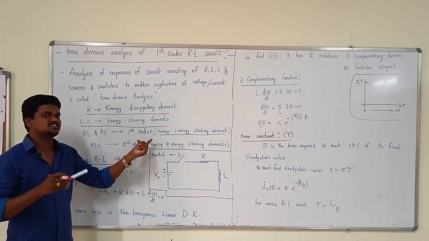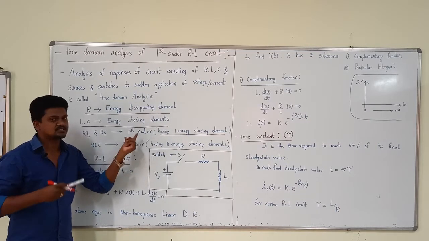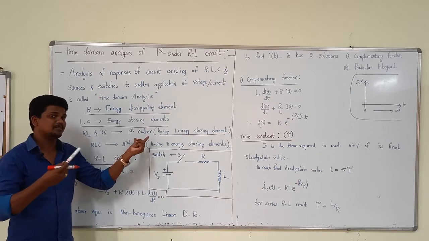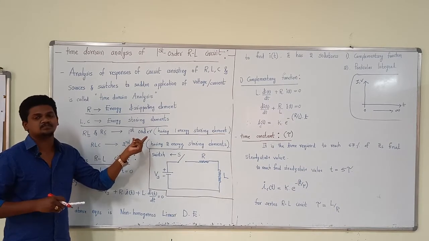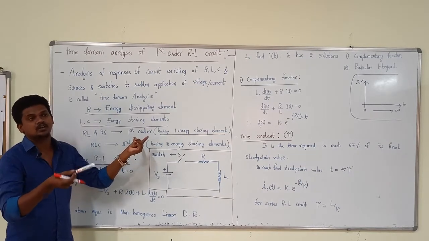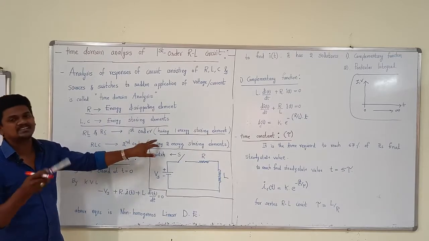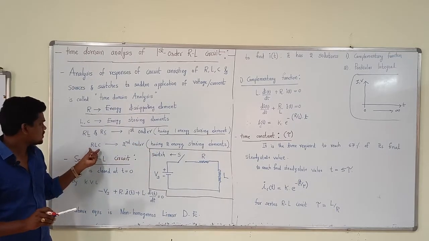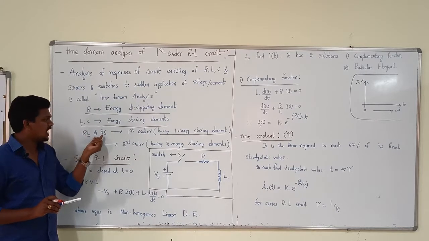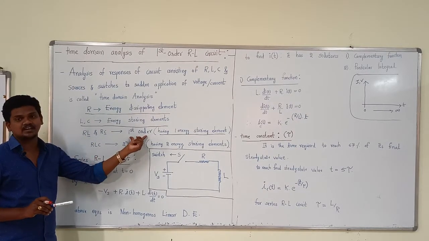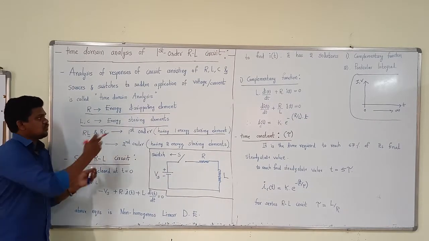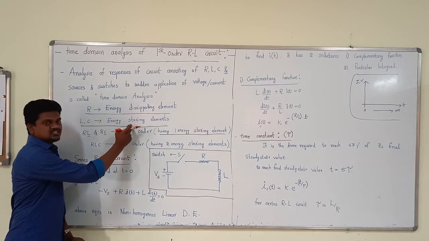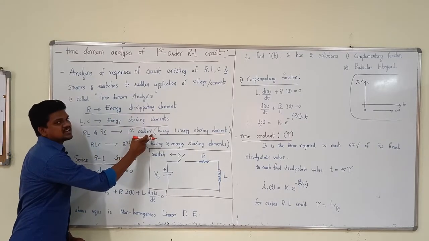If it has one capacitor, it is a first order system. If it has two capacitors, it is a second order system. If it has an inductor and capacitor combination, automatically second order system. So that's why RL, RC are first order. Combination of one energy dissipating and one energy storing element is the first order system.